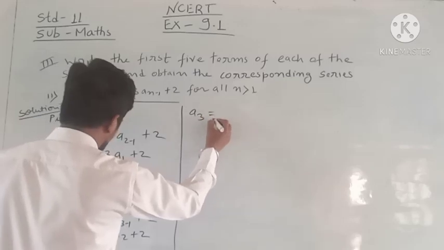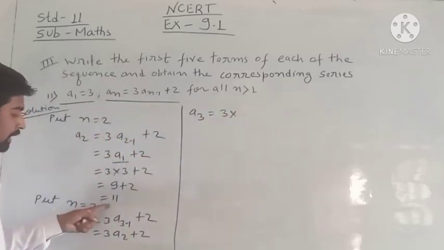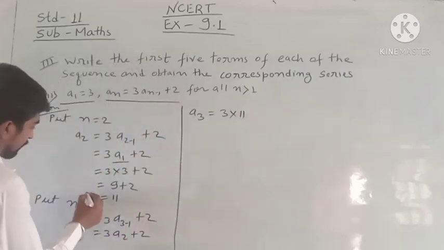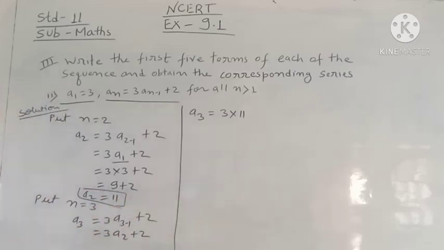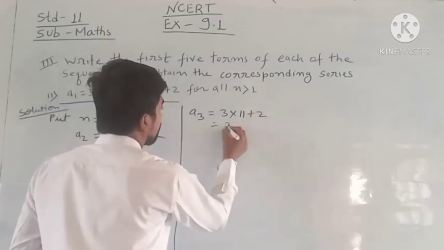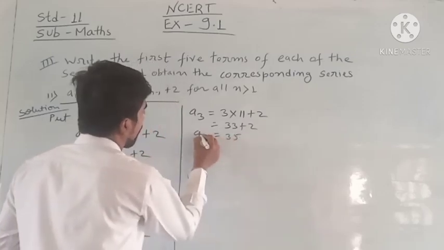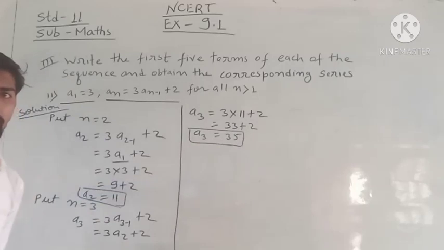So a3 equals to 3 into a2. a2 is what? 11. So we will write here 11. This is a2, which we have got. 3 11 are 33 plus 2 equals to 35. Means a3 is 35.